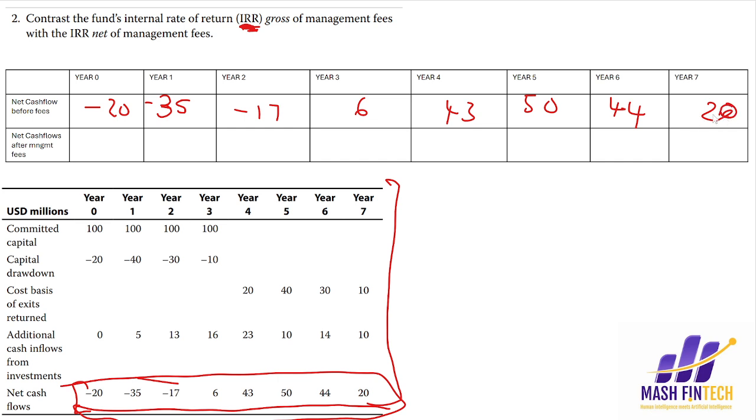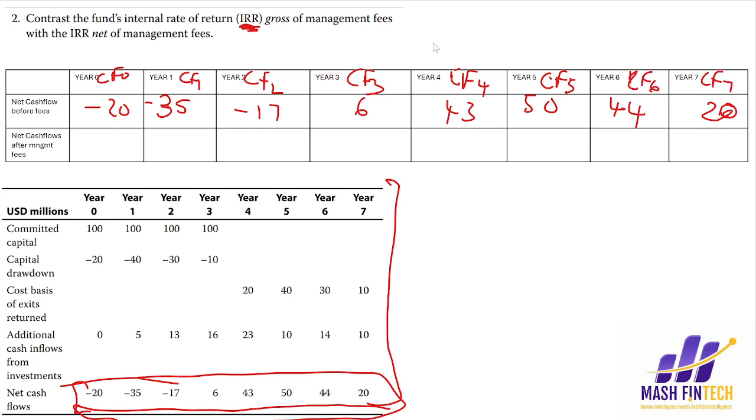And then you put this in your calculator. You should know how to do this by now. If you don't know, just let me know. We can do them together. But this, you put this as cash flow 0, you put this as cash flow 1, cash flow 2, cash flow 3, cash flow 4, cash flow 5, cash flow 6, cash flow 7.